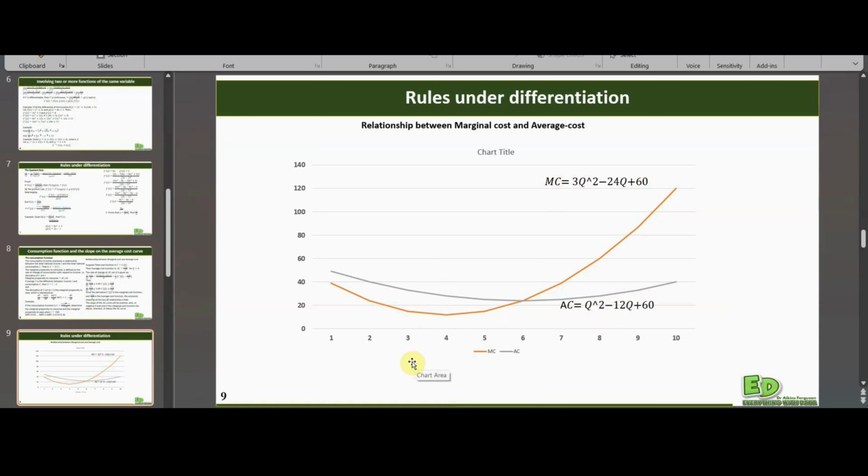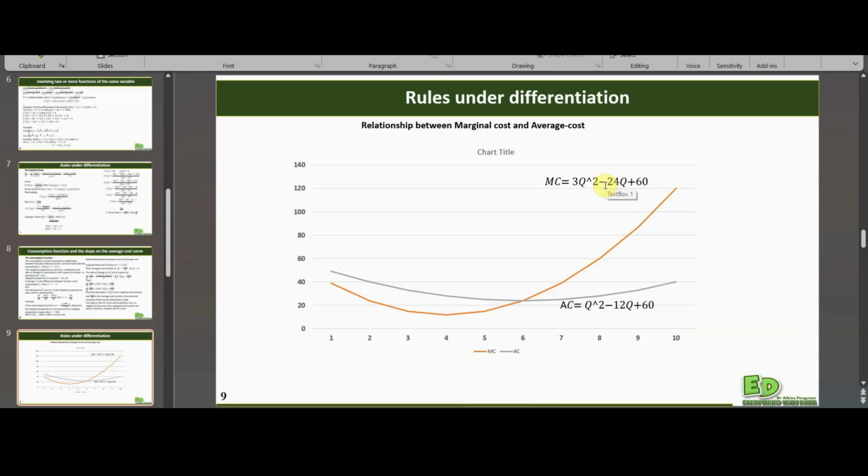On the x-axis, the horizontal line, we have the quantity Q, ranging from 0 to 10. And on the y-axis, the vertical line, we have the cost, ranging from 0 to 140.